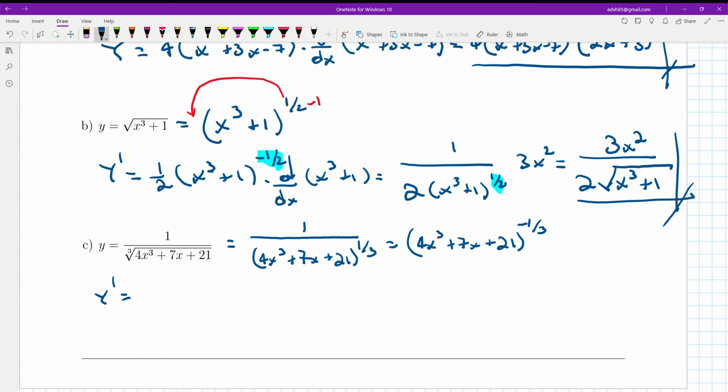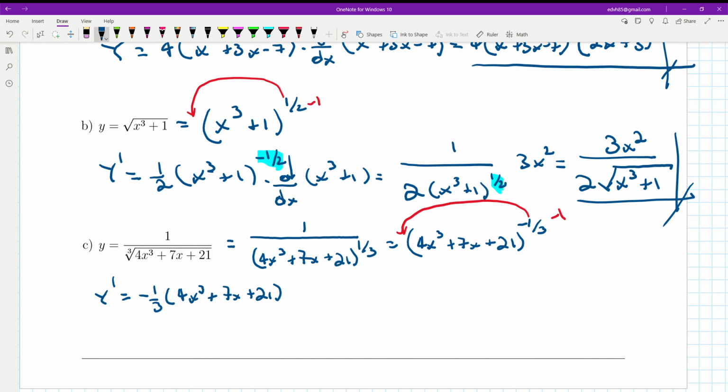y prime will be negative 1/3 times 4x cubed plus 7x plus 21. Again, we're doing the same chain rule: multiply the exponent in the front and then subtract 1 from this exponent.